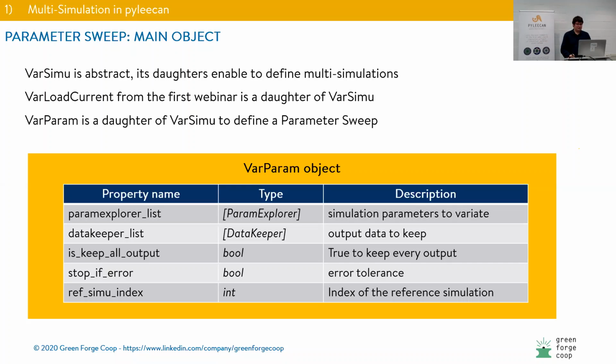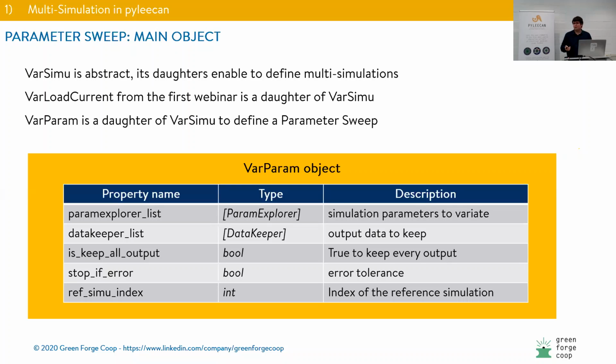And then we have a few options. The is_keep_all_output option is very interesting if you want to keep all outputs. As I said, the default behavior of multi-simulation in Pyleecan is that we remove all the outputs of every single simulation to avoid destroying the memory.